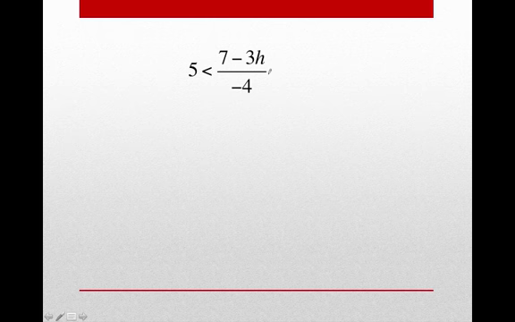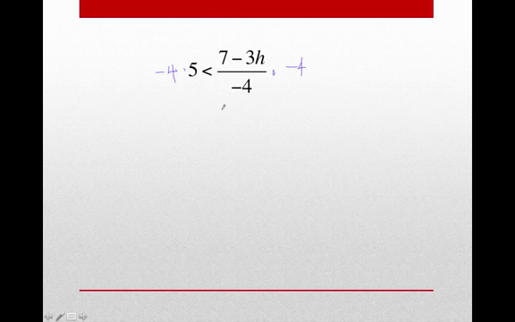I'm going to need to get rid of that negative 4. I cannot add or subtract up here because both of those are attached to a negative 4. So the first thing I'm going to do is multiply both sides by a negative 4 in order to get these items without a denominator.